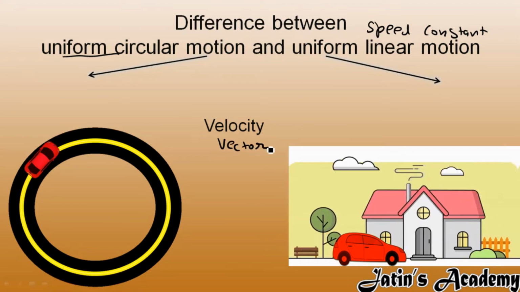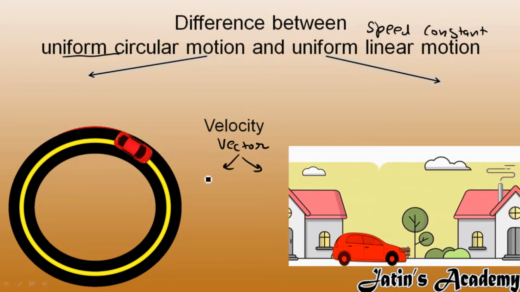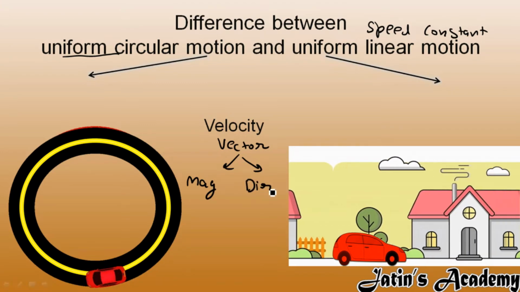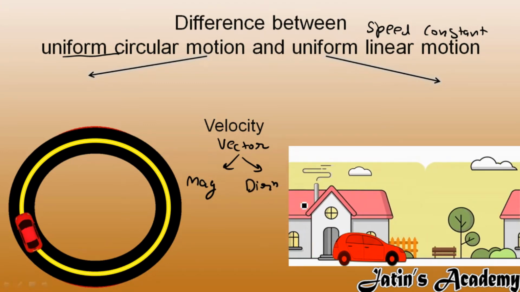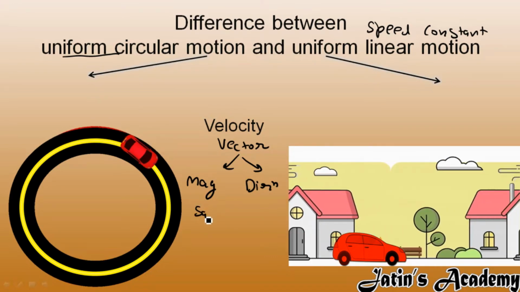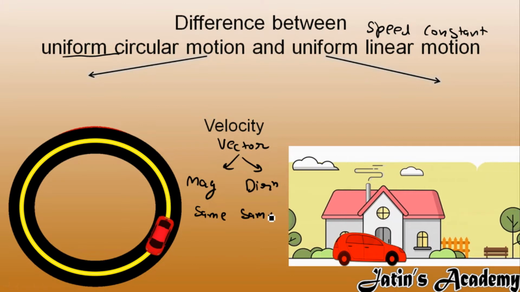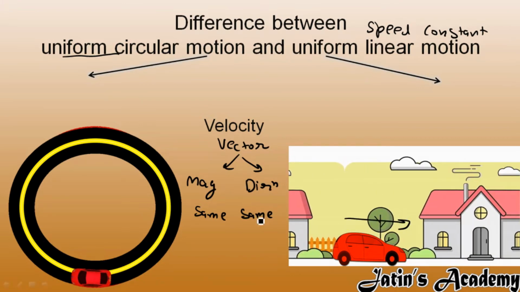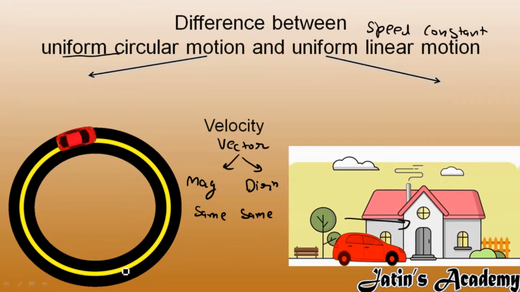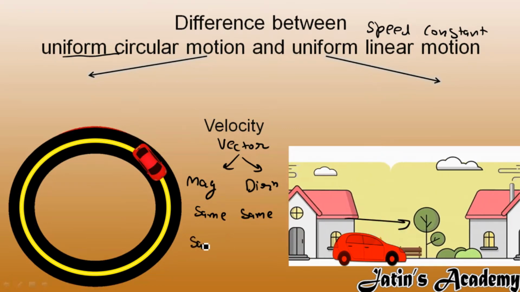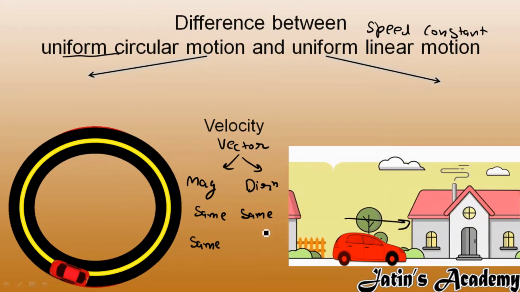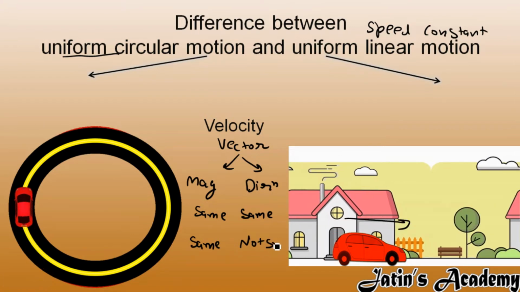What is the meaning of vector? Vector means it depends upon both magnitude as well as direction. Here in a uniform linear motion, the magnitude is the same and the direction is also the same, since it is moving in the same direction. But in uniform circular motion, the magnitude is the same because it is a uniform circular motion, but the direction is not the same.